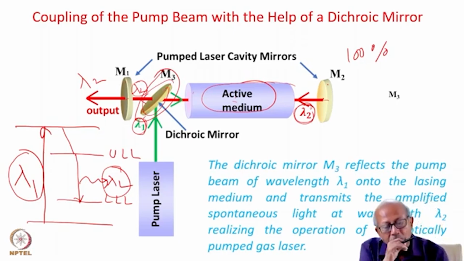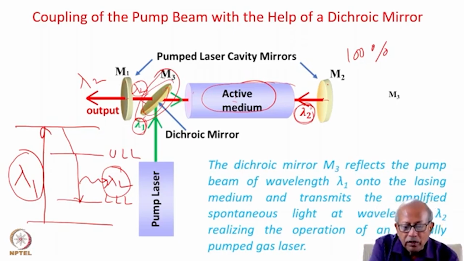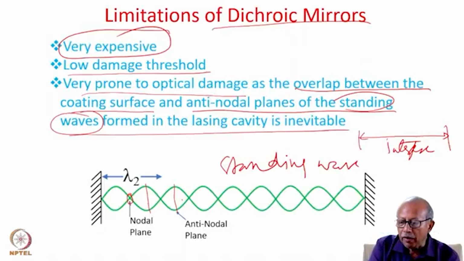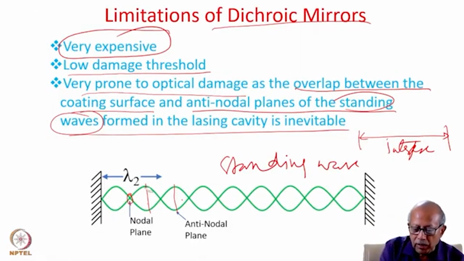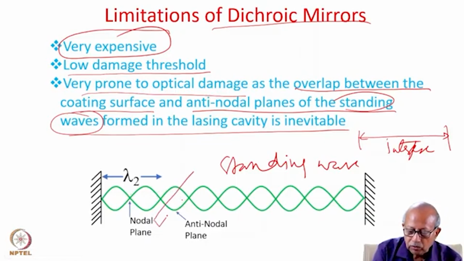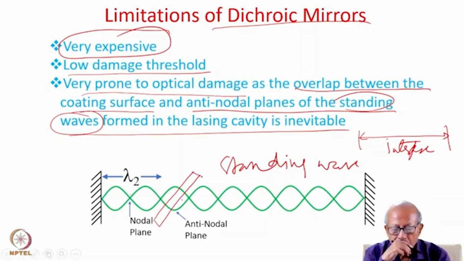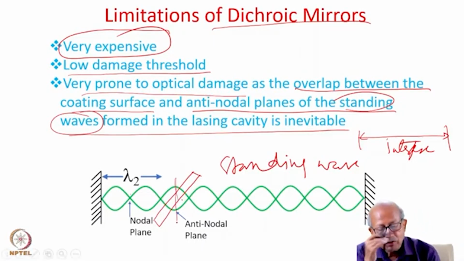And it is quite likely that this dichroic mirror actually overlaps. The dichroic mirror is placed here. This is your dichroic. So it actually very well intercepts with an antinodal plane where the optical flux is very high, intensity is very high.